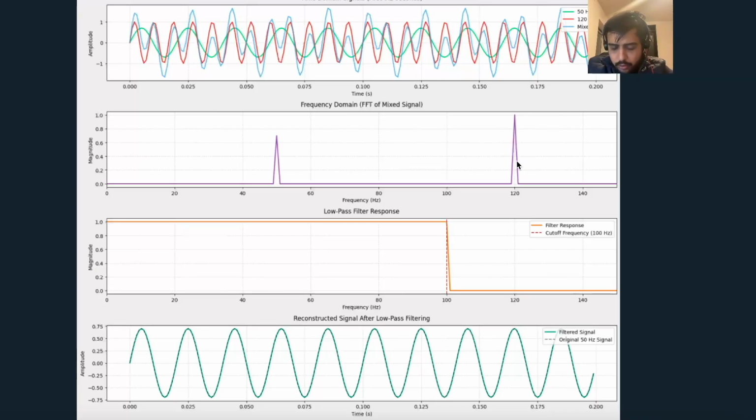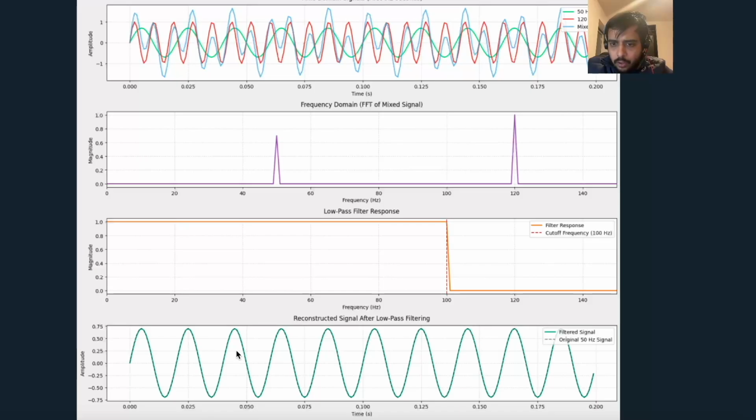Now in the third panel we are applying a filter response like this, which cuts off at 100, so it will remove the 120 Hz signal and only pass the 50 Hz signal. Anything above 100 should be cut off.